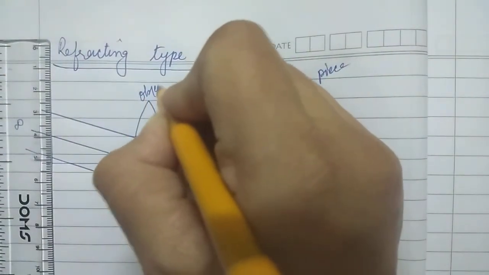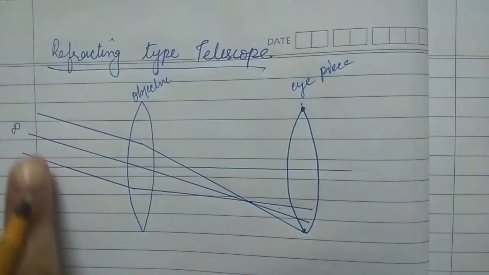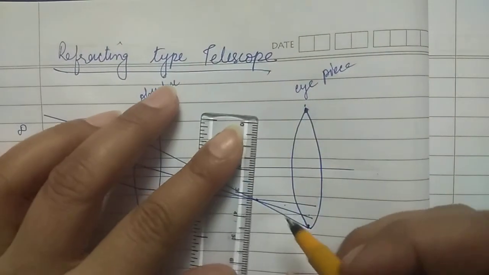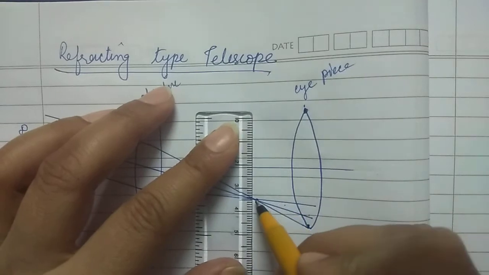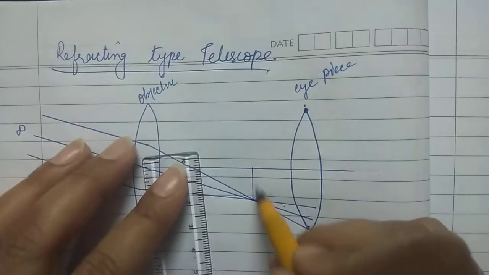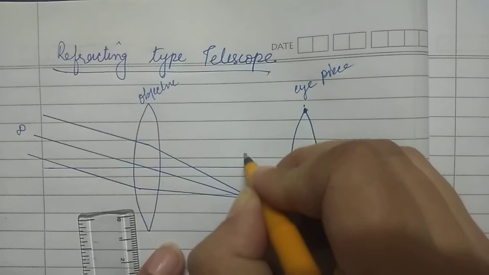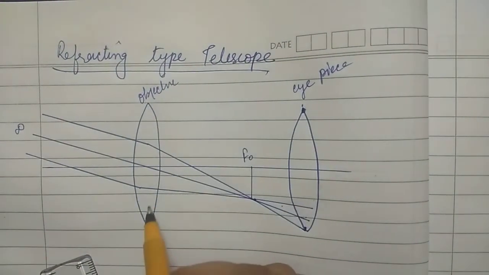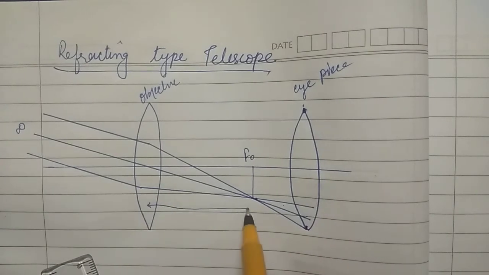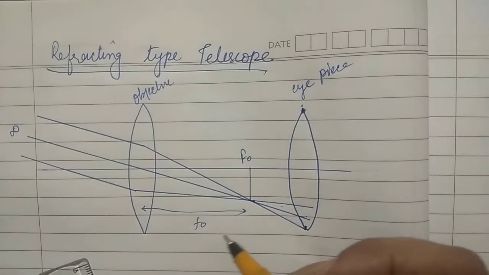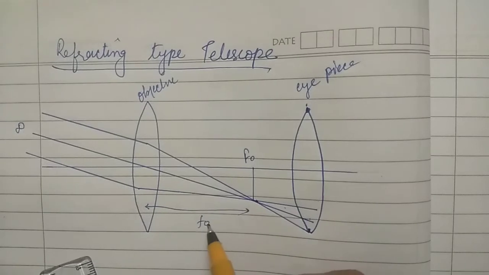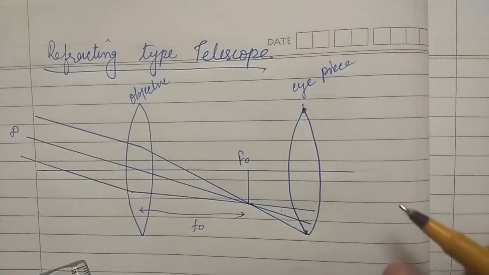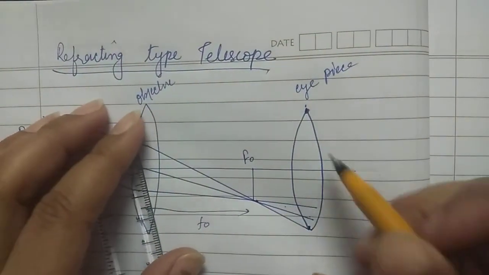This is the objective, and you see the object is at infinity, so you are getting the image of the object at infinity at the focus of the objective. So this is the focus of the objective, as well as the focal length of the objective, as well as the distance of the image from the objective. Now we need to magnify this.